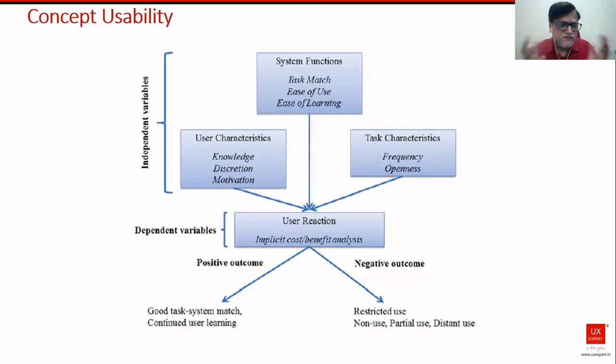Then obviously the system, which is the hardware, gadgets, everything. Whichever task match you have to do. Suppose I'm clicking one button and something different happens, that should not happen. Ease of use and ease of learning should be there. So technology, everything comes under system functions. Then task characteristics, the task which the user performs.